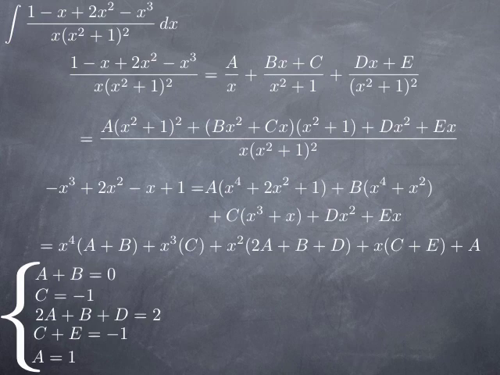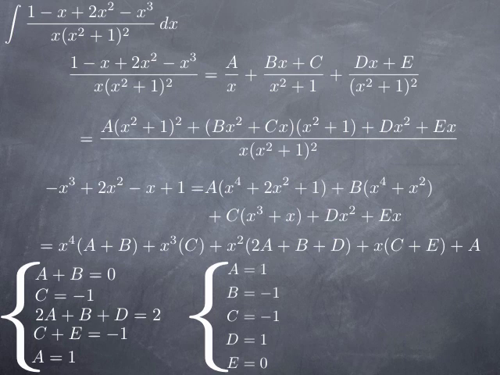You see that A is 1 and A + B is 0, so B is −1. C is −1, and therefore we can also find D and E, because D is now 2 − 2A − B, and we have found A and B, and E is −1 − C, and we have found C. So this way we find A is 1, B is −1, C is −1, D is 1, and E is 0.